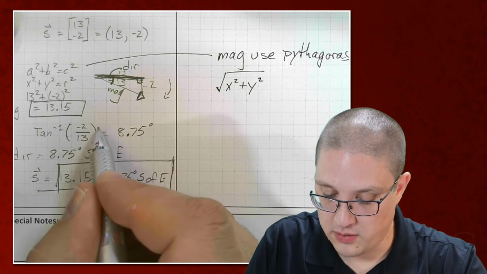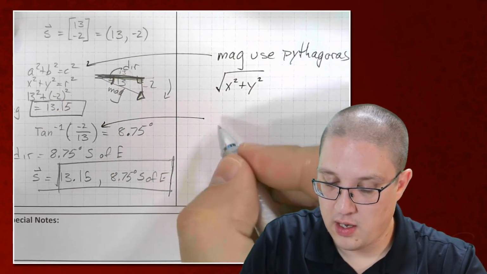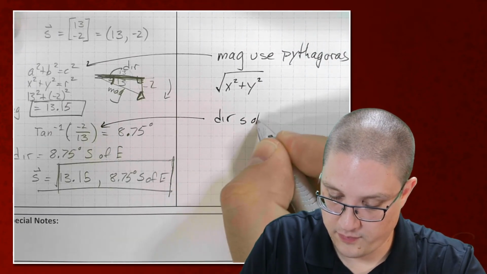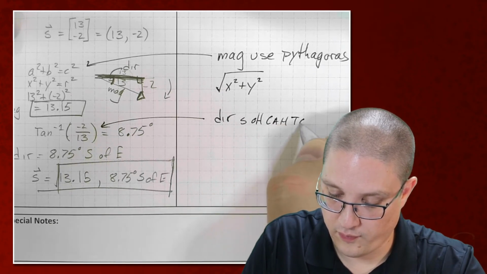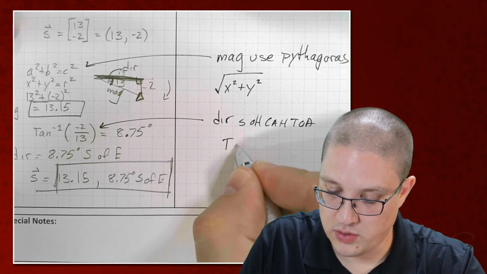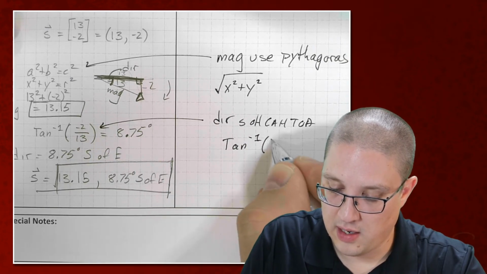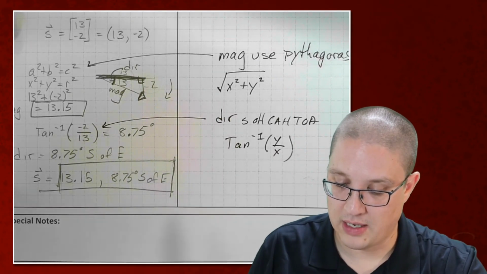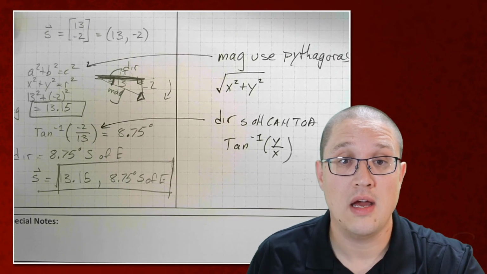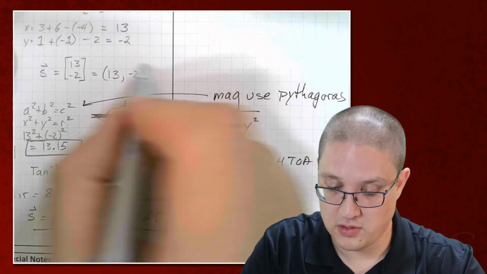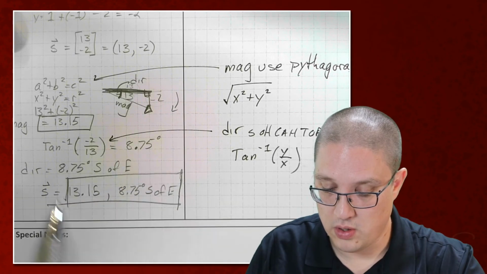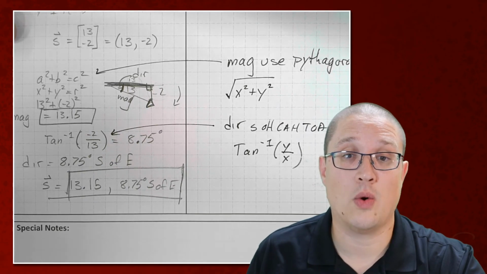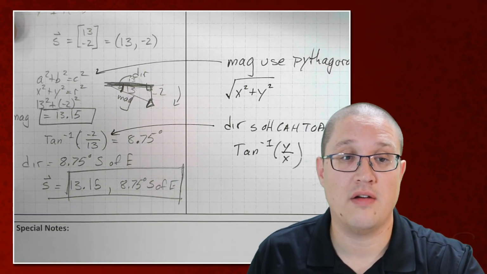To find my direction here, we're going to use SOHCAHTOA, and in this case, we're doing inverse tan of y over x. And that works out to get me my direction here. So these are a little shortcut to go from component notation to my magnitude and direction format. Okay, this is a quick look at component addition for vectors.